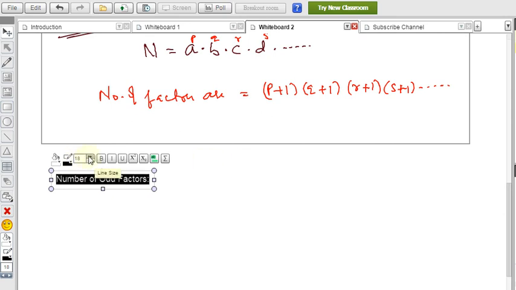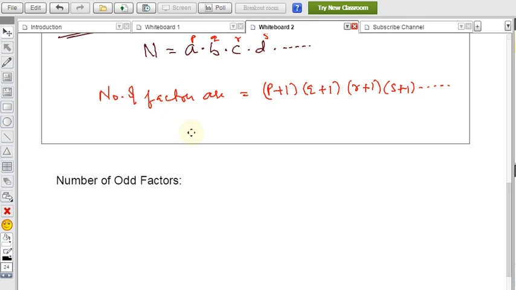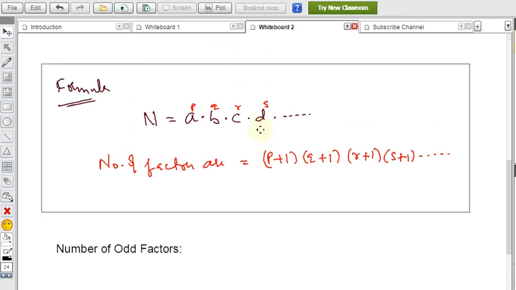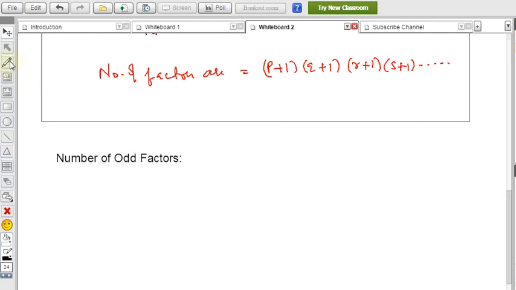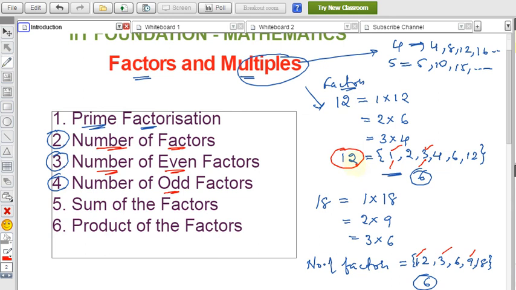Now this formula is also simple. We only take the powers for odd bases, for odd factors. That is simple. Let me explain with an example first. If you take 12, we got factors 1, 2, 3, 4, 6, 12.